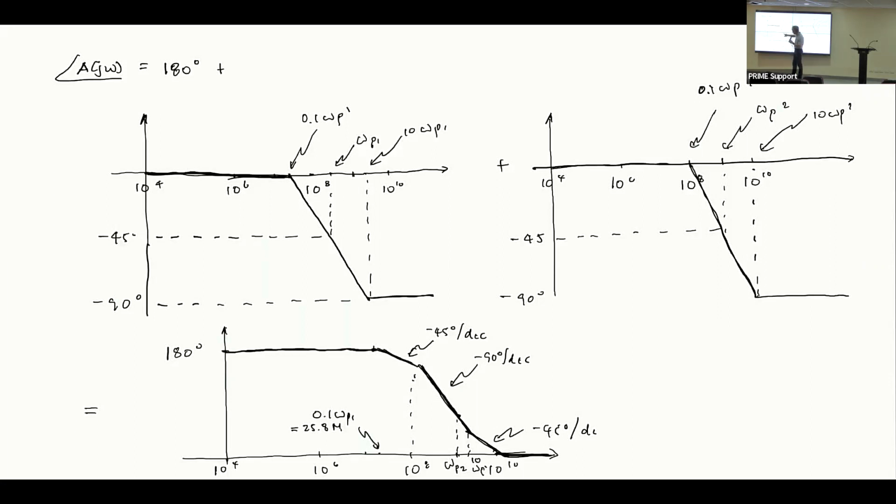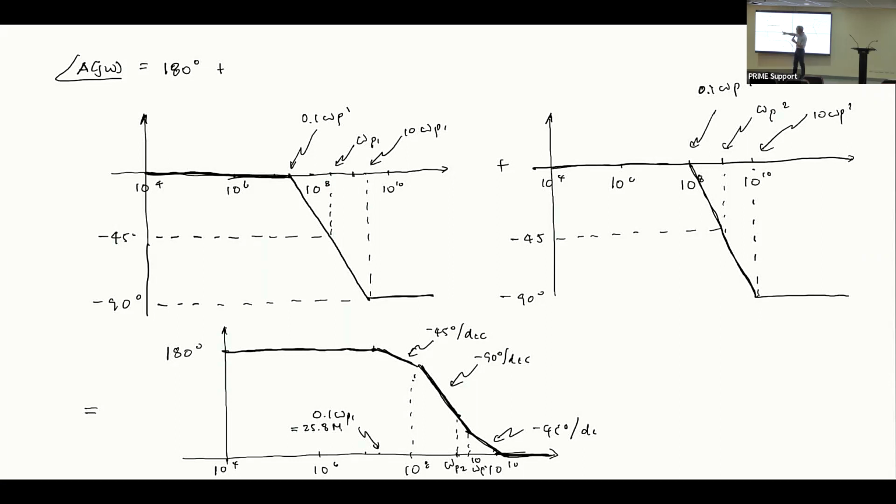You're going to go down by 45 degrees per decade, or 90 degrees for 2 decades, from 0.1 of omega P1 to 10 of omega P1. So you're going to start at 27.7 megaradians per second.